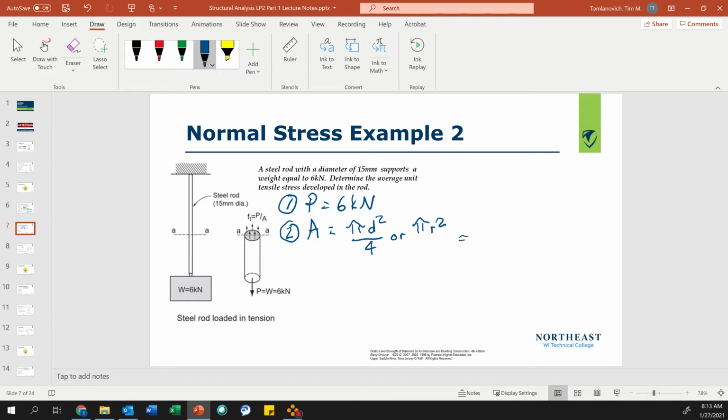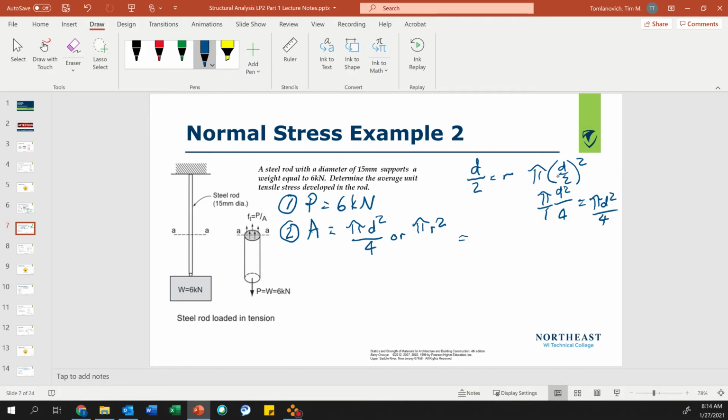So where does this pi d squared over 4 come from? I'm just going to derive this for you. If d over 2 equals r, and I substitute d over 2 for r in pi r squared, I get pi d times d, which is d squared, and 2 squared is 4, so it's pi d squared over 4.